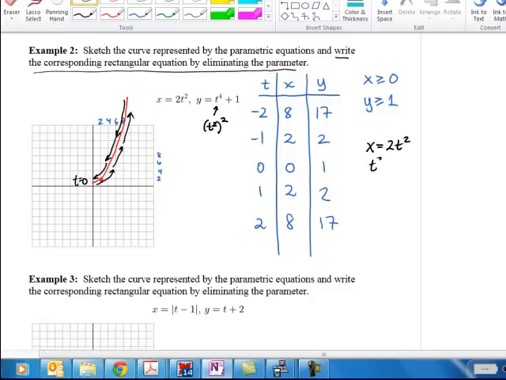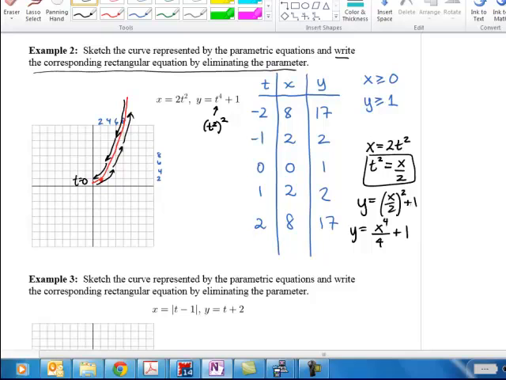If we solve for t squared, which we could replace in y, we'd have x over 2. Right? And then y would be t squared squared, so x over 2 squared plus 1. So y would be x to the 4th over 4 plus 1.